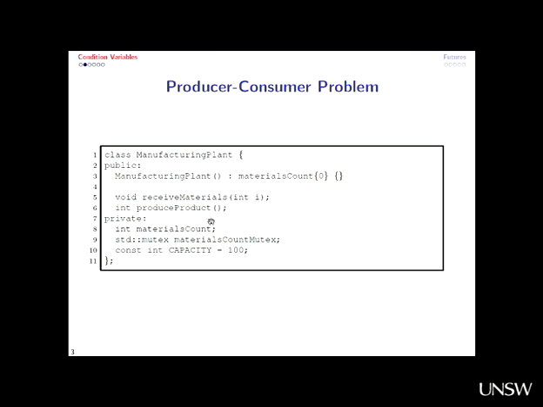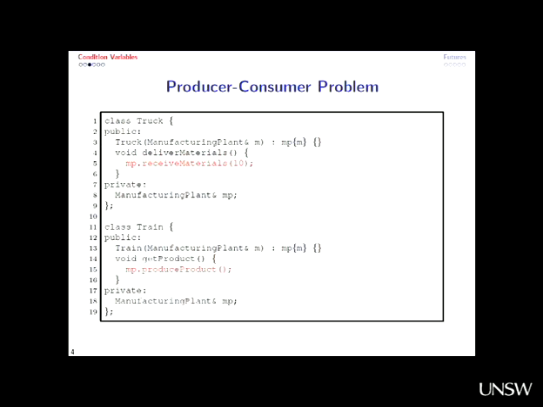However, the function produce product doesn't take any parameters in. Produce product consumes 10 raw materials, so it decreases the count by 10. Okay, the screen on the right hand side has more of the code up as well. We of course have a constructor that initializes the materials count to 0. Okay, that's a manufacturing plant.